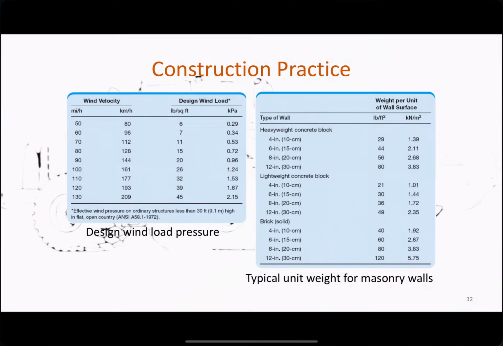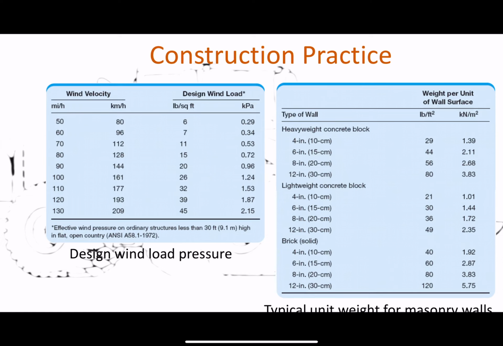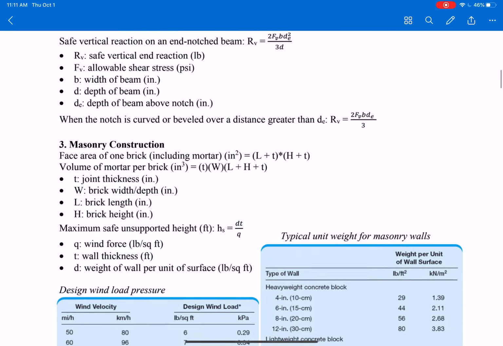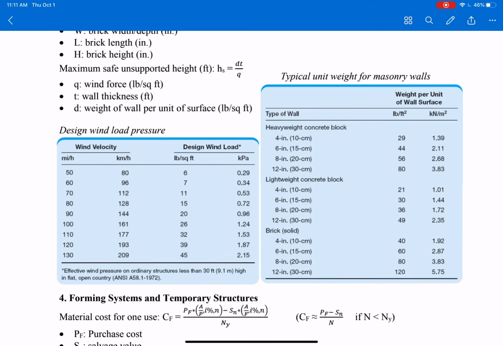If I go to the slide here, 14.3 gives you the wind velocity, and then you are able to determine q, which is the design wind load, in pounds per square foot or kilopascals. On the right, you have table 14.4, which determines the weight of wall per unit of surface for the different types of wall. You can also go to page 2 of the final exam reference, where we have that table as well.